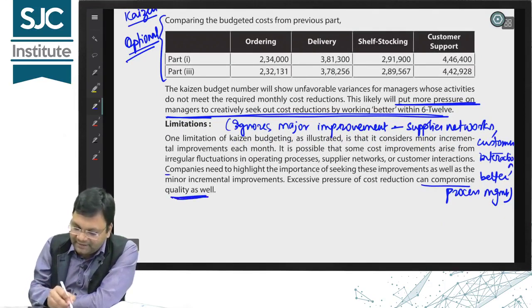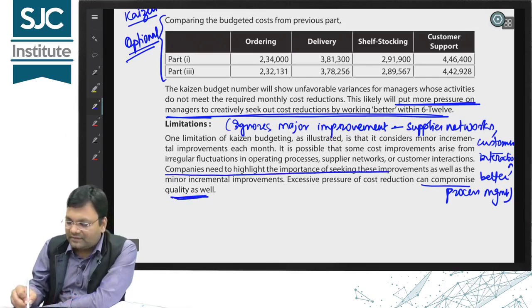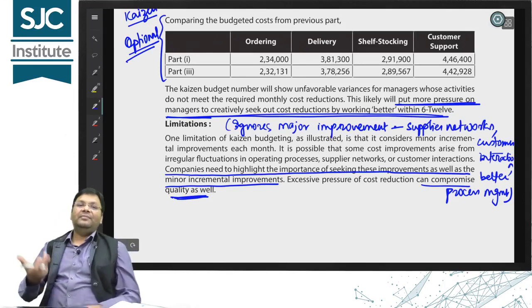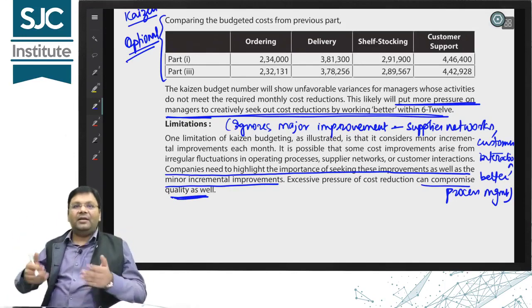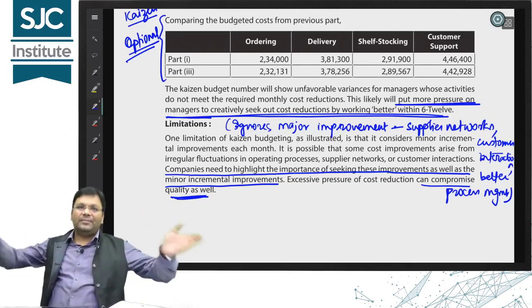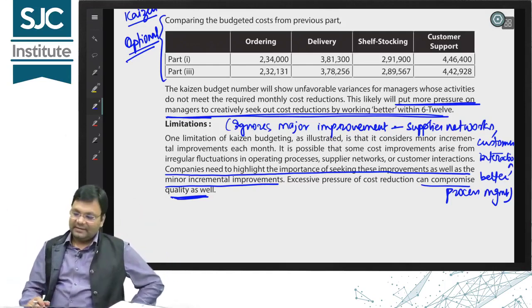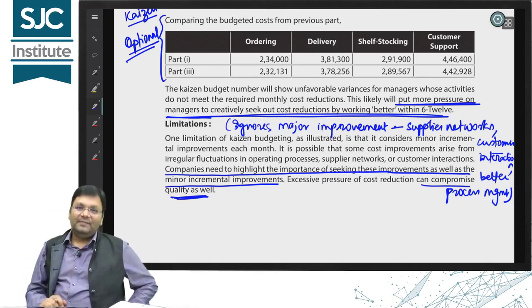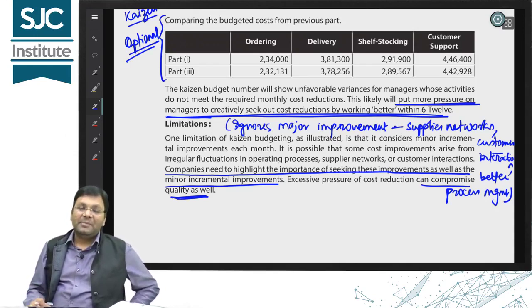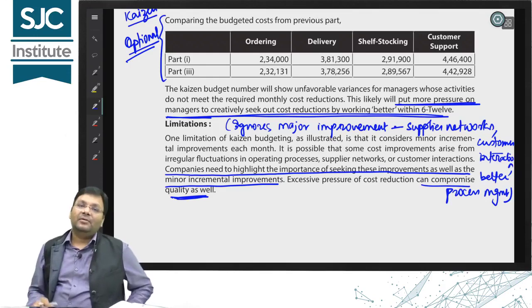So here we have written, companies need to highlight the importance of seeking major improvement as well as minor improvement. Many times companies become myopic in that they are only focusing on minor improvement. The broader concept they miss. We say no chindi savings. In my CA firm, we used to have strict regulation on the printing of pages.